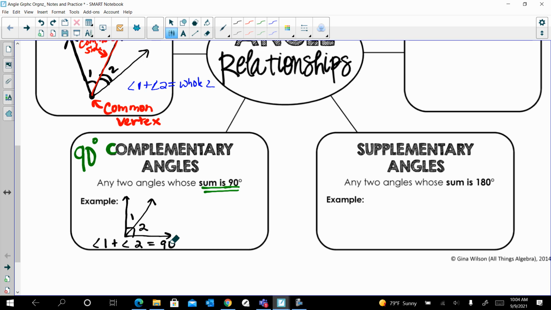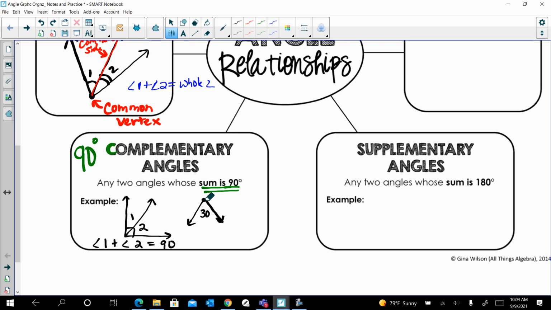So if we're going to do this, I'm going to draw an angle like such. And I'm going to put 30 in the interior to indicate that angle is 30 degrees. If this angle is 30, what would be the measure of its complement? 60.